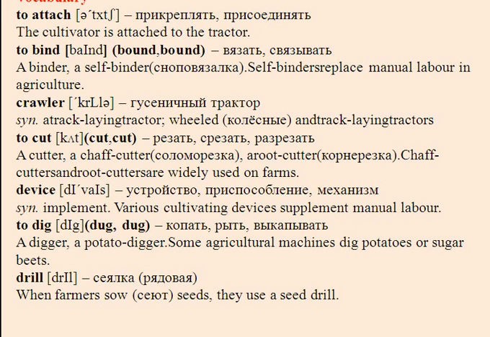Device. Устройство, приспособление, механизм. Синоним является implement. Мы с вами знаем это слово implement, это устройство. То же самое механизм. Various cultivating devices supplement manual labor. To dig. Неправильный глагол имеет вторую и третью форму.